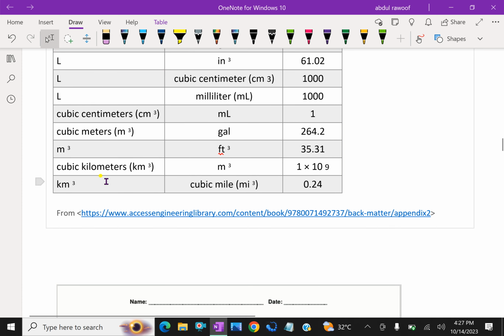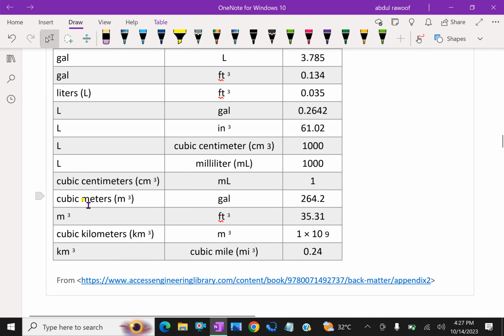Now, cubic centimeter to ml: 1 cubic centimeter is 1 ml, so the conversion factor is 1. Cubic meter to gallon is 264.2. Suppose 12 cubic meters, how many gallons?